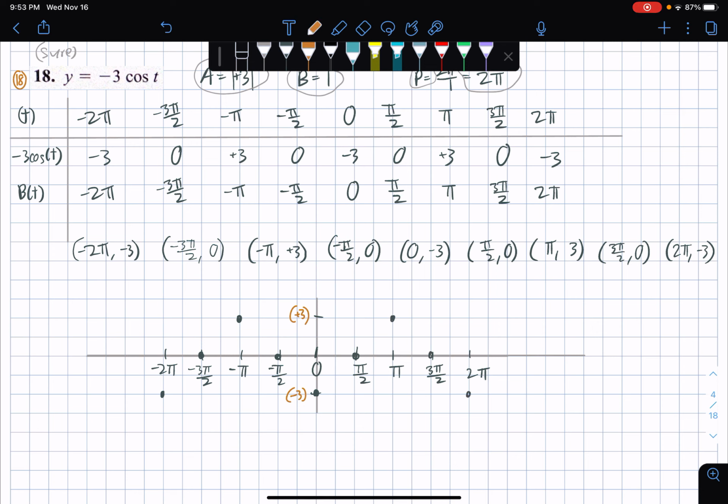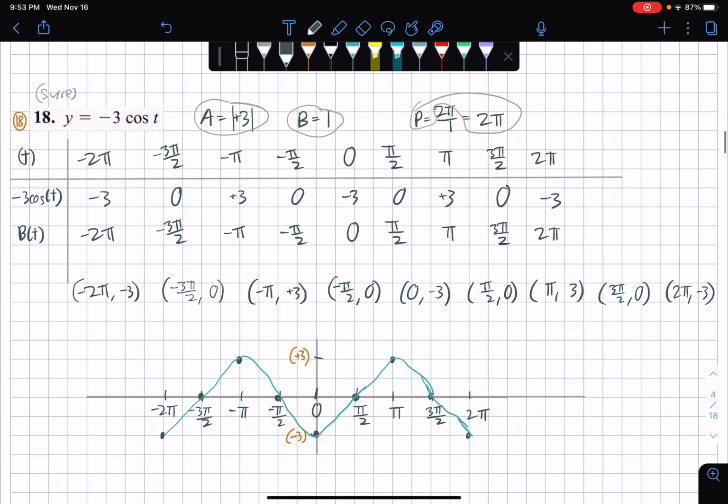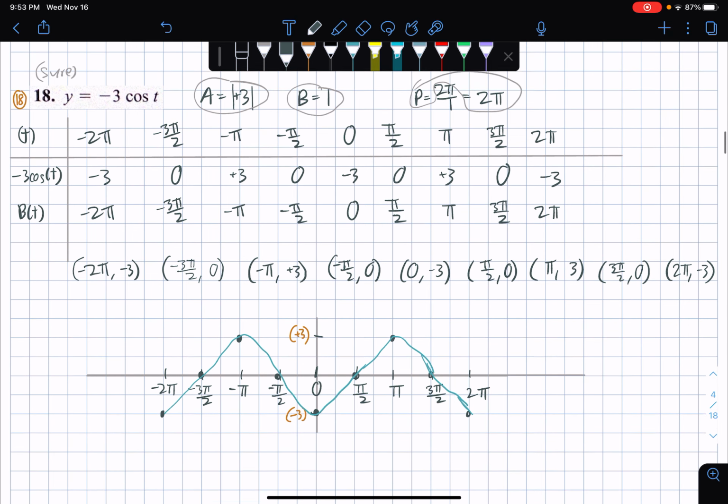And now we graph. Oof. One mistake, all mistakes. At least you do get the point. Let's move to number 19.